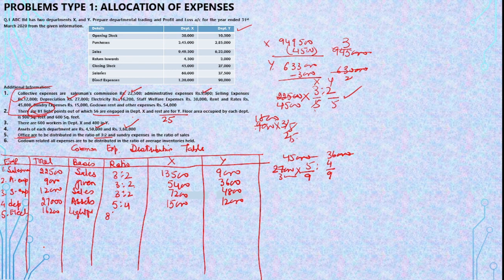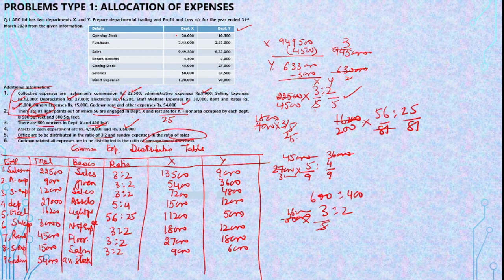Lastly, we have godown rent. Godown charges 54,000. Godown is there for inventories, so average stock will be the basis. Opening stock of X is 30, closing stock is 45.